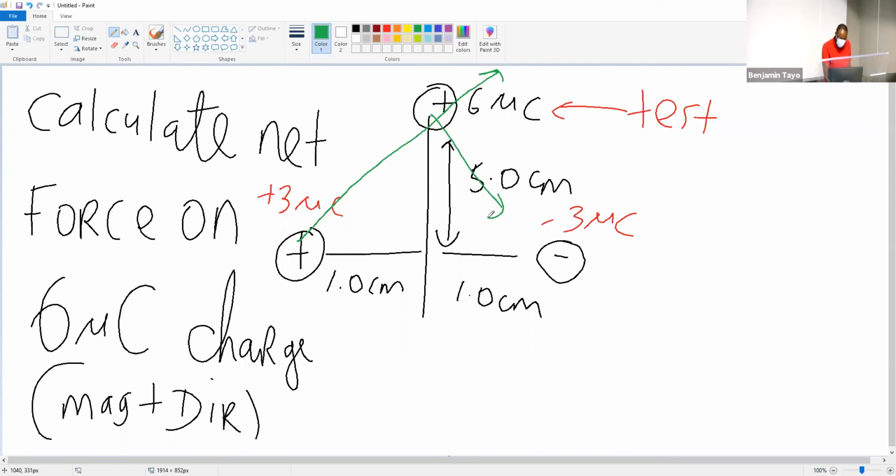Let's say that this is Q1 and this is Q2. So this will be my F13, and this will be my F23. Now because those two forces have the same magnitude, if you add them together, you get this force right here. So in this example, the net force is going to be pointing in the positive i-hat direction.